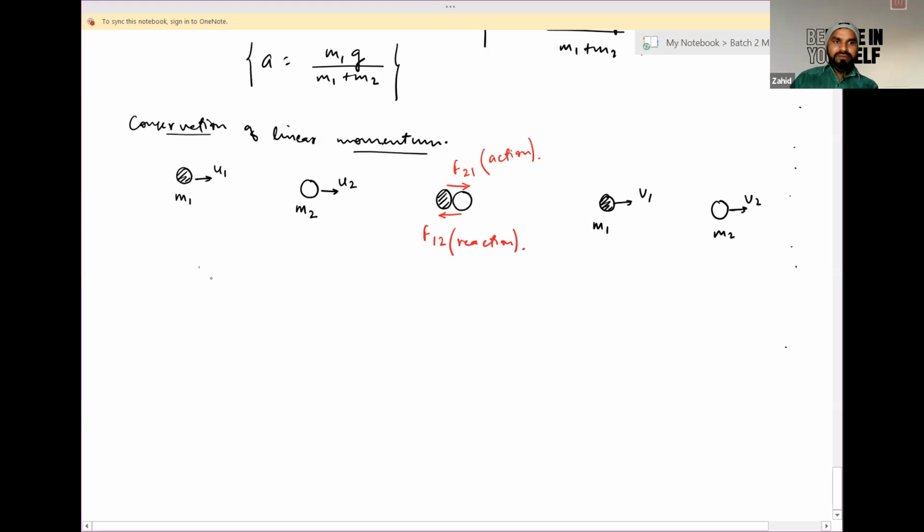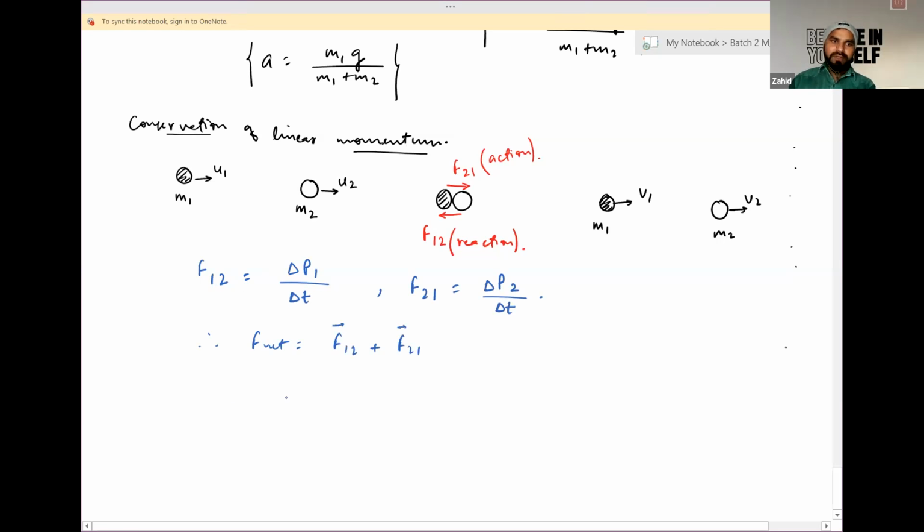So force on first by second will be equal to change in momentum of the first body with respect to time. So it will be delta P1 divided by delta t, and force on second by first will be equal to change in momentum of the second body with respect to time. So net force will be F12 plus F21.